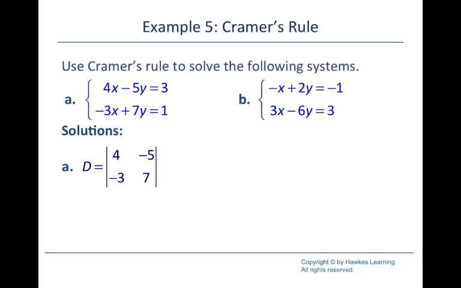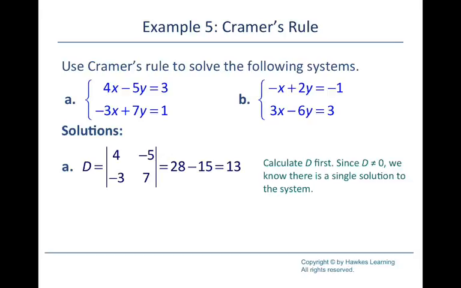So notice here that we're doing D first. So we're using the x, 4, negative 3, and the y, negative 5, 7. And you get the determinant. Okay? Then you have to find Dx. Calculate D first, because if D is equal to 0, you can't use Cramer's rule.